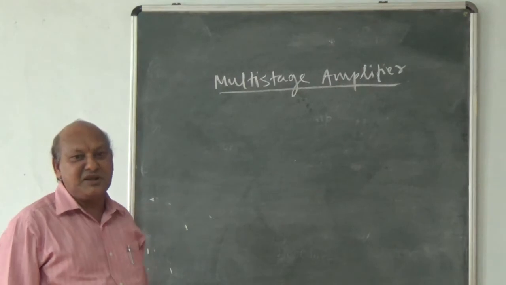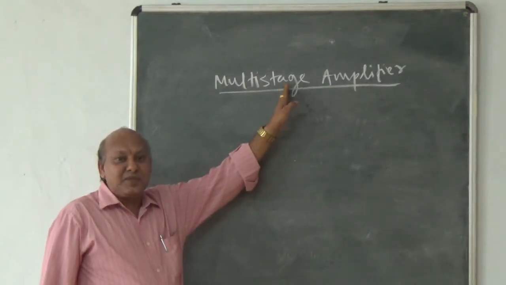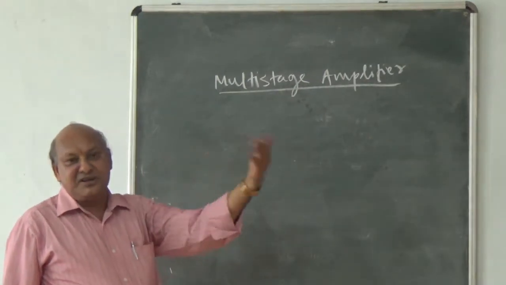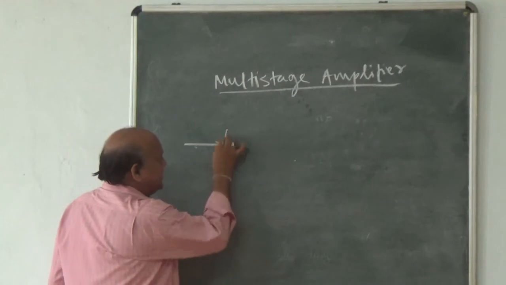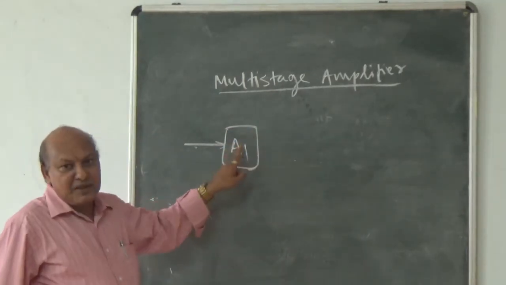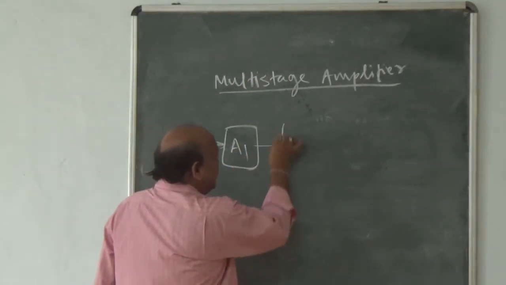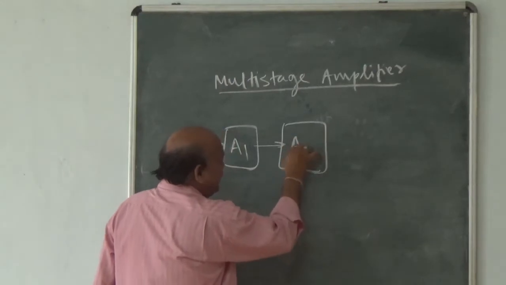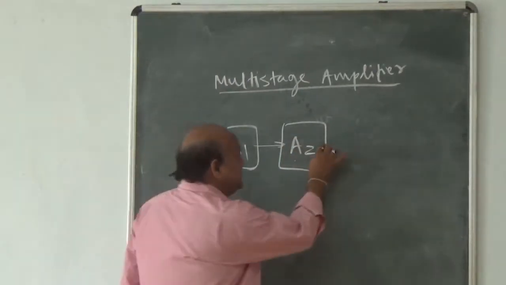Why do we need the multi-stage amplifier? In a multi-stage amplifier, more than one stage is connected in cascade. Let me draw a simple diagram here. This is amplifier 1, which has the open loop gain A1, and it is cascaded with amplifier 2, which has the open loop gain A2, and so on.